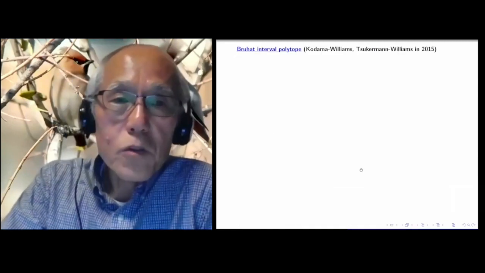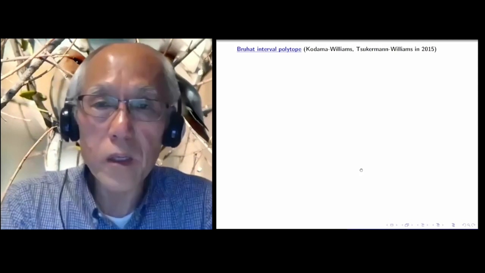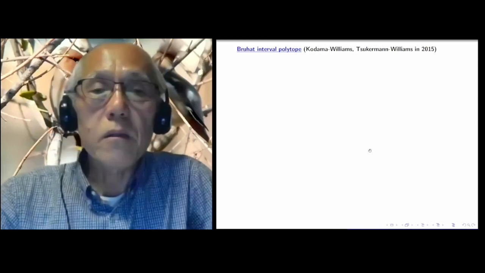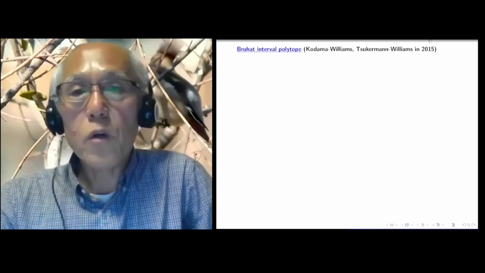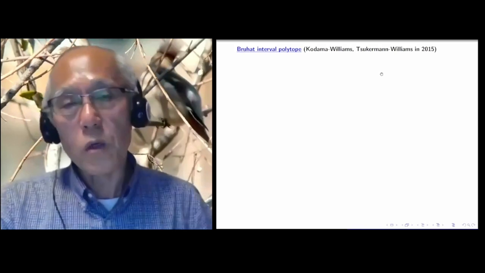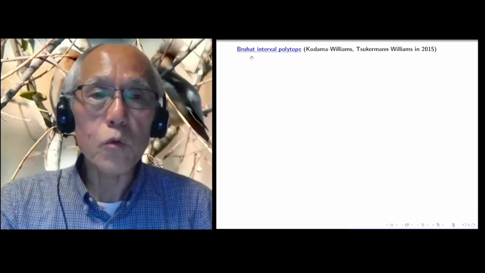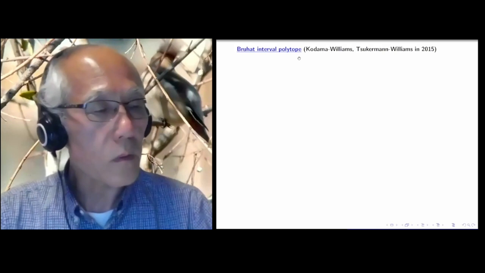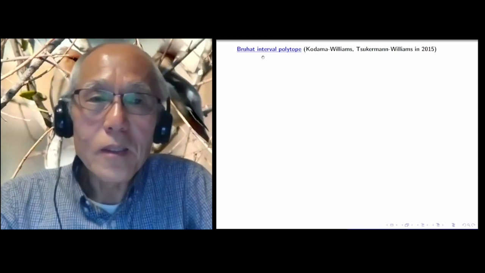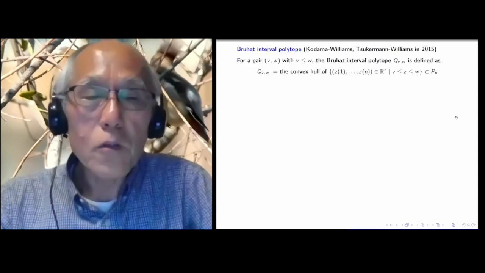Now I introduce the Bruhat interval polytope. As I said, this was introduced by Kodama and Williams and Tsukerman and Williams in 2015. Tsukerman and Williams especially studied the Bruhat interval polytope from a combinatorial viewpoint, and Kodama and Williams were interested in it from the totally nonnegative viewpoint, which I don't know much about. The definition is quite simple.